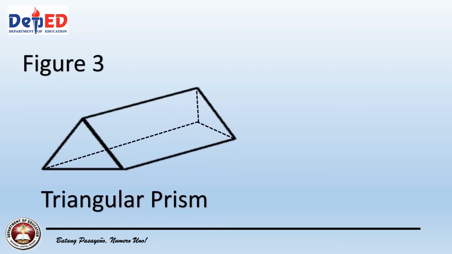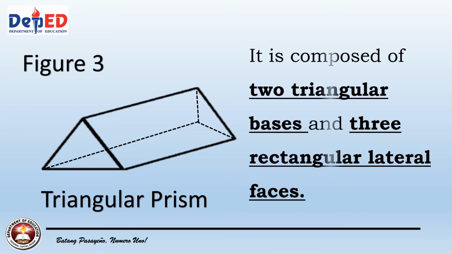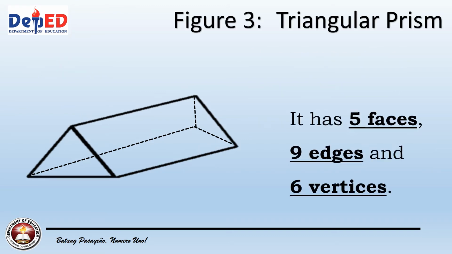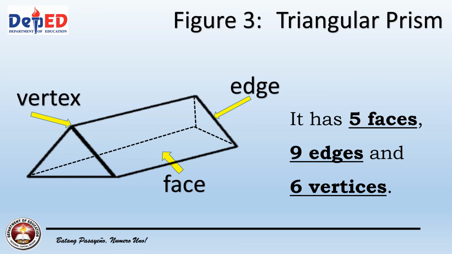Figure number 3 shows a triangular prism. It is composed of two triangular bases and three rectangular lateral faces. It has five faces, nine edges, and six vertices.